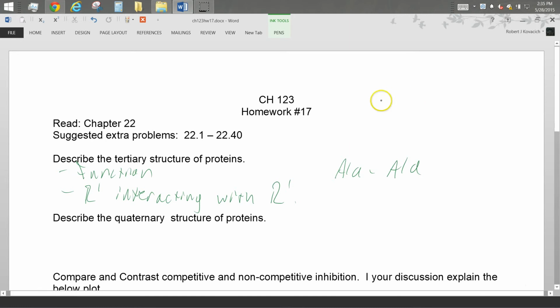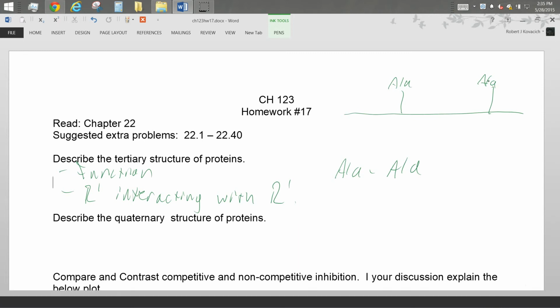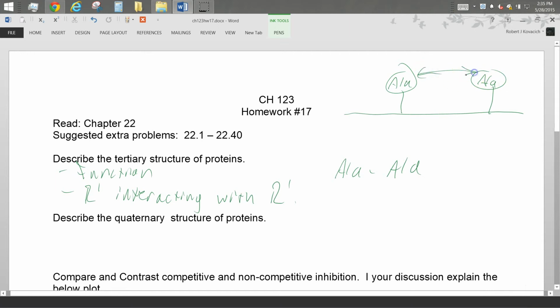So if I've got a protein chain and there's a side chain here and a side chain here, both nonpolar, those things would be attracted to each other. So we'd end up with something like this.